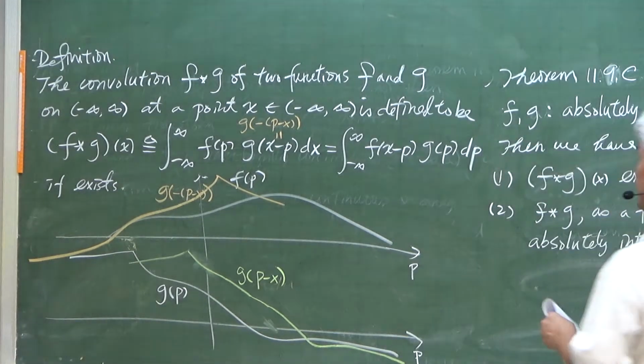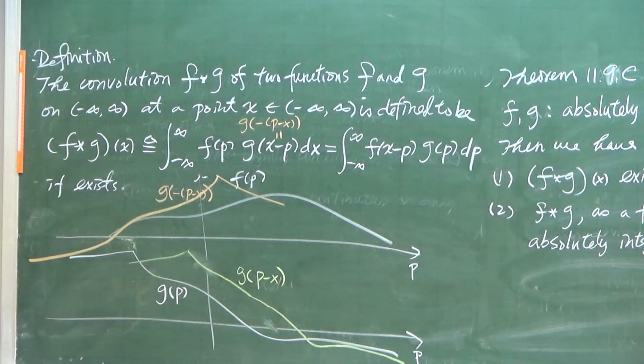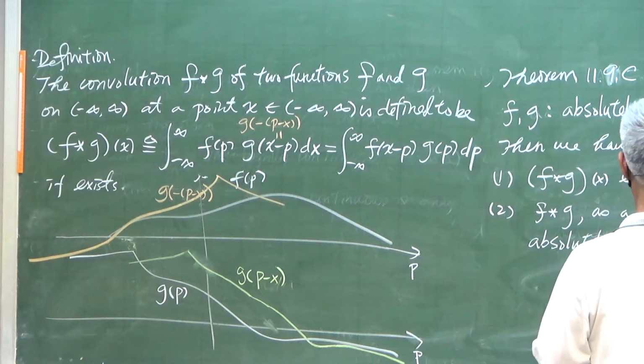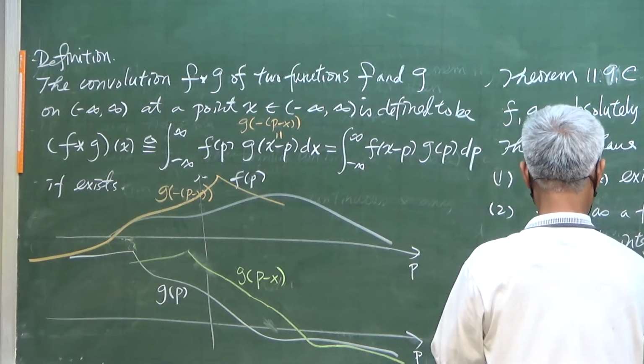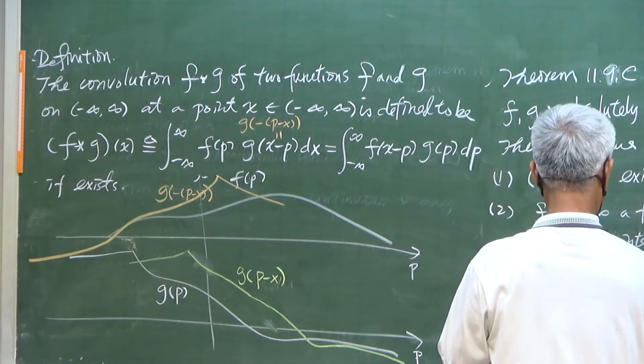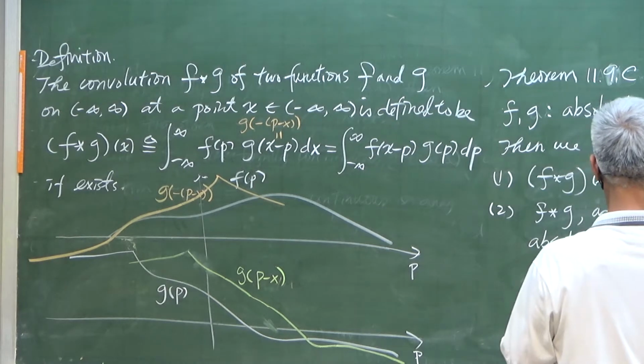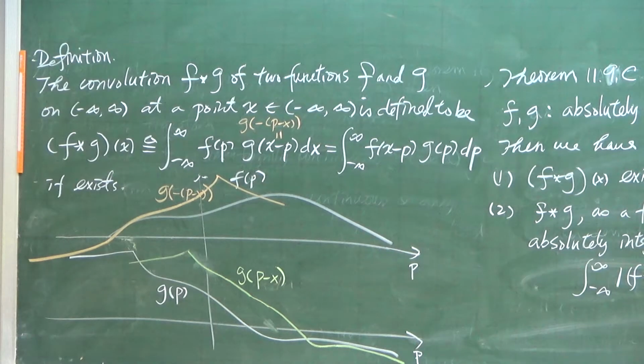Very interesting. So the convolution itself is absolutely integrable, and the integral of its absolute value is less than or equal to the product of the absolute integrals of f and g. Okay, so we have this result.